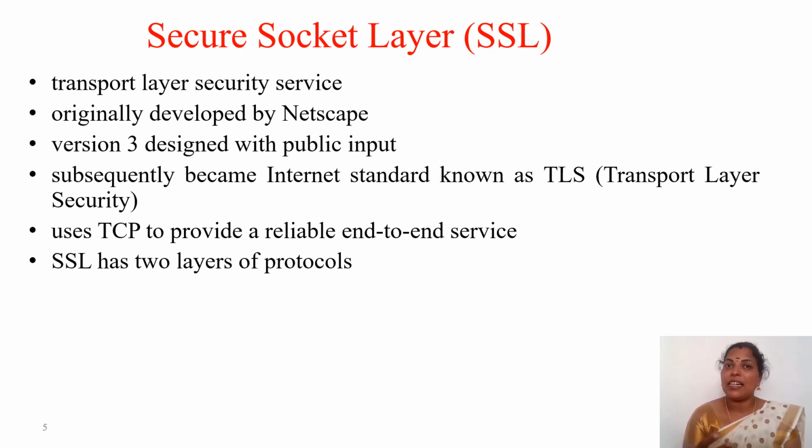We now have encrypted traffic, that is HTTPS, secured HTTP, but the SSL layer is vulnerable to some types of attack. So standards organizations developed a standard for SSL called transport layer security. It uses TCP to provide a reliable end-to-end service, and SSL has two layers of protocols. Let us see the protocols.